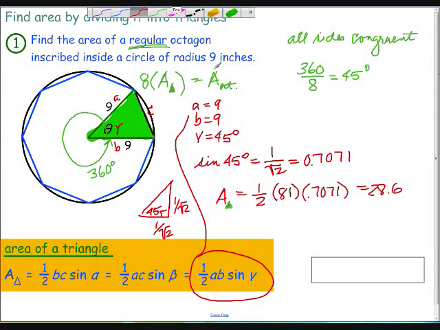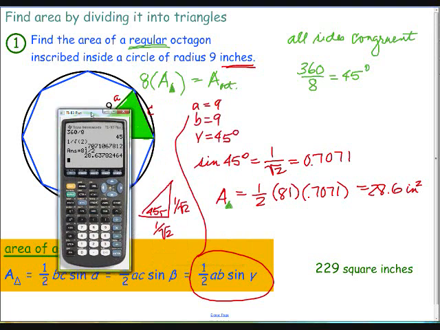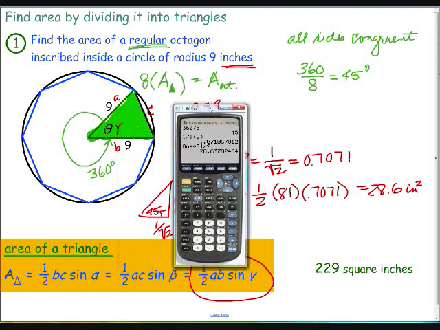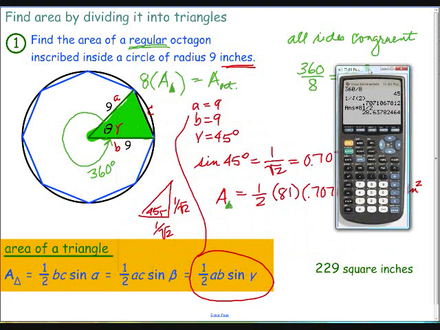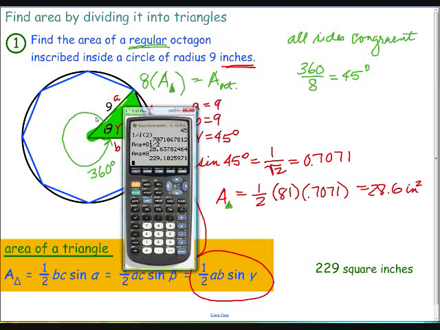Oh, I do have units. If I didn't, I'd say units squared. So we're going to say inches squared. So I got the area of my green triangle, and now I have to multiply it times 8 for an octagon, of course.